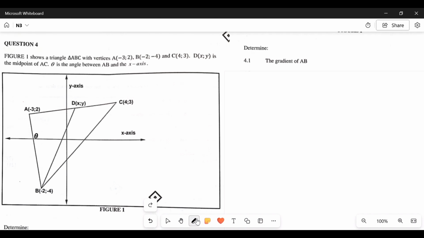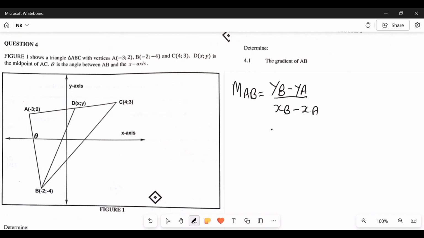So what we need to do guys is to use this formula here, mAB, which is the gradient. We can do it like this. You can say yB minus yA divided by xB minus xA. Right, so this is the formula that we're going to use to calculate the gradient. You'll find it on the formula sheet there guys.